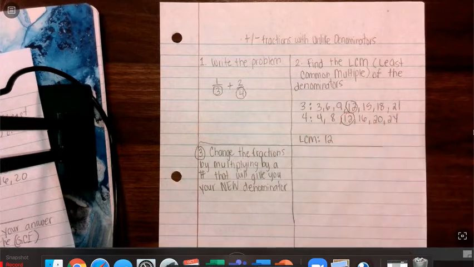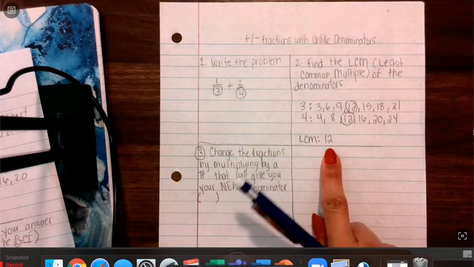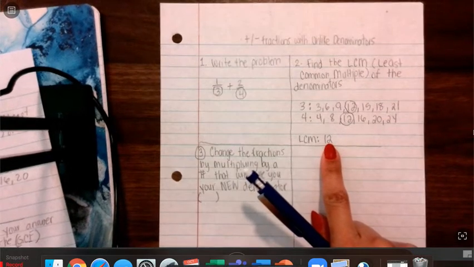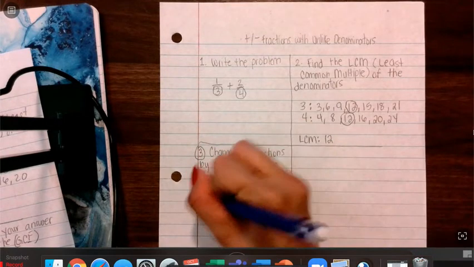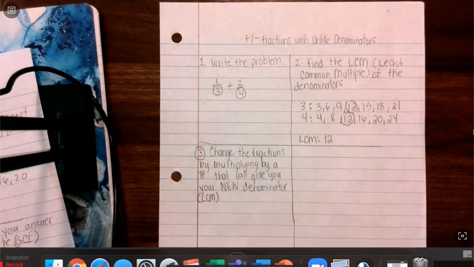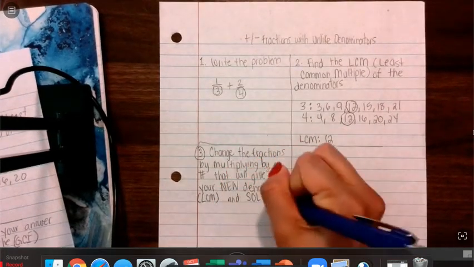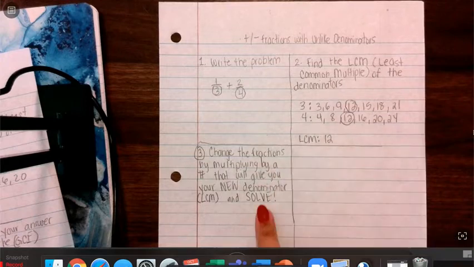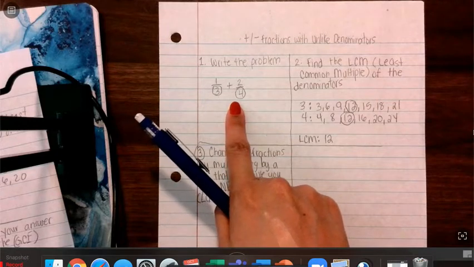Remember, what's going to become our new denominator? Our LCM, 12. 12 will become our new denominator. And then solve. By solve, I mean once you change those two fractions and you have your new fractions with the new denominators, you solve that, you add.